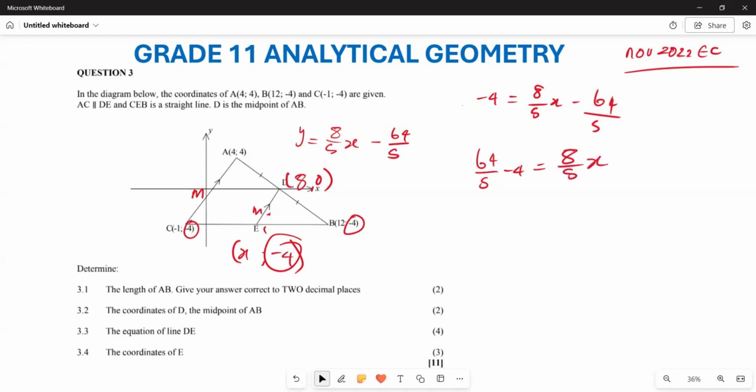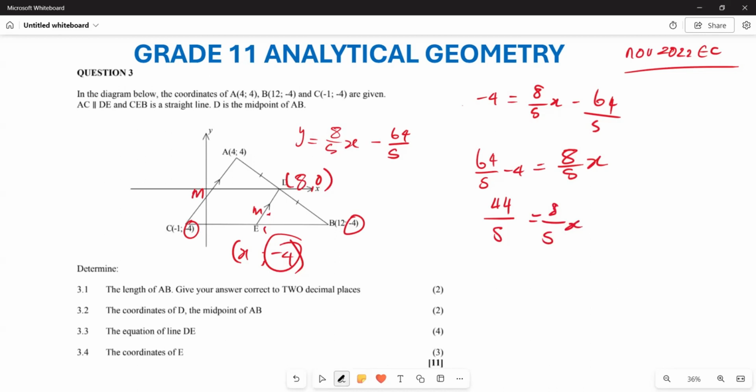This is 64 divided by 5 subtract 4. The answer that you're going to get here is 44 over 5 equals 8 over 5x.